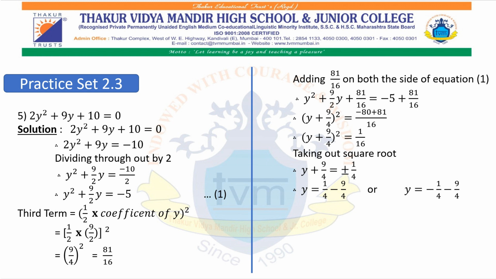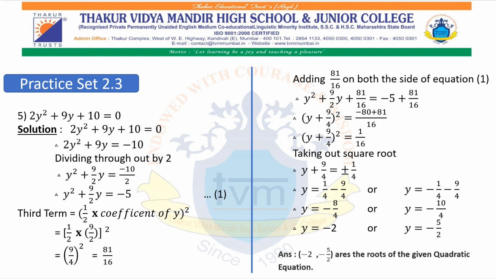In both the equations denominators are same, so further it will be solved and will be written as y equals to minus 8 upon 4 or y equals to minus 10 upon 4. Again it will be simplified and will be written as y equals to minus 2 or y equals to minus 5 upon 2. Therefore final answer we will write minus 2 or minus 5 upon 2 are the roots of the given quadratic equation.